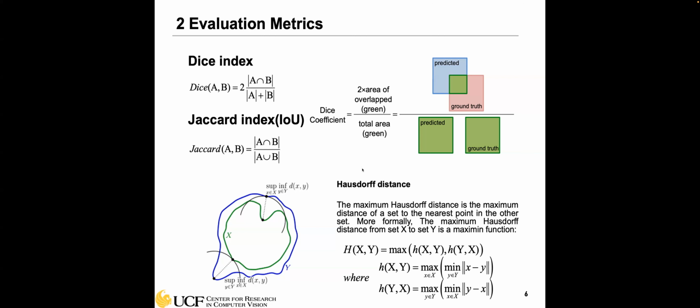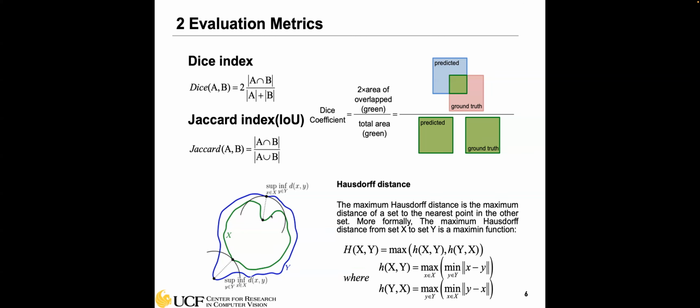Also for medical images, the Hausdorff distance is a very common metric used along with the dice score. If you look at some papers, they not only report the dice index, they also report the Hausdorff distance. The Hausdorff distance is the maximum distance of a set to the nearest point in the other set.